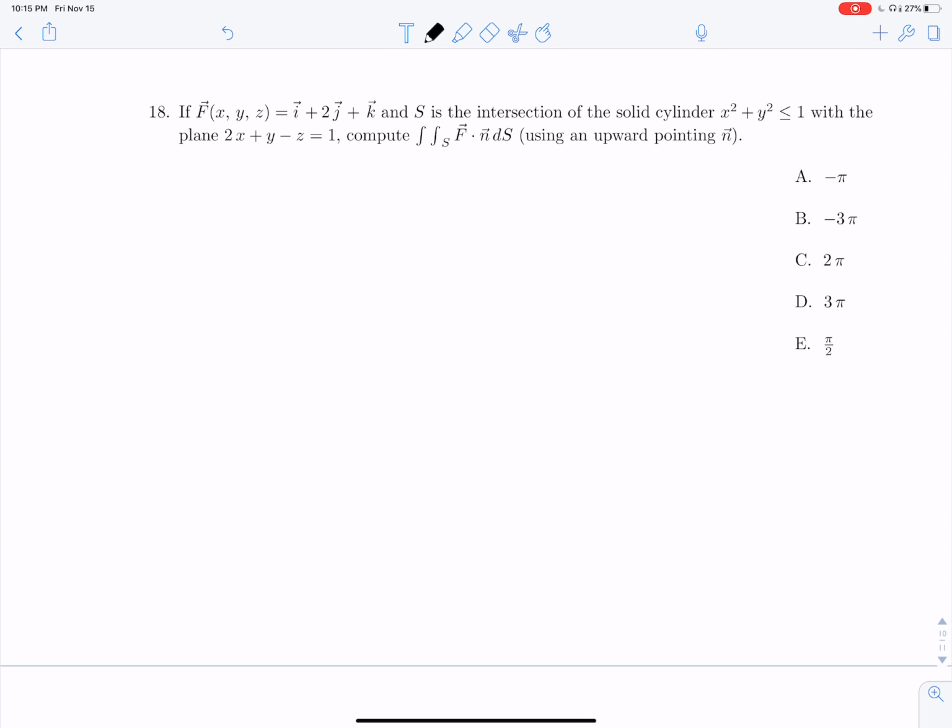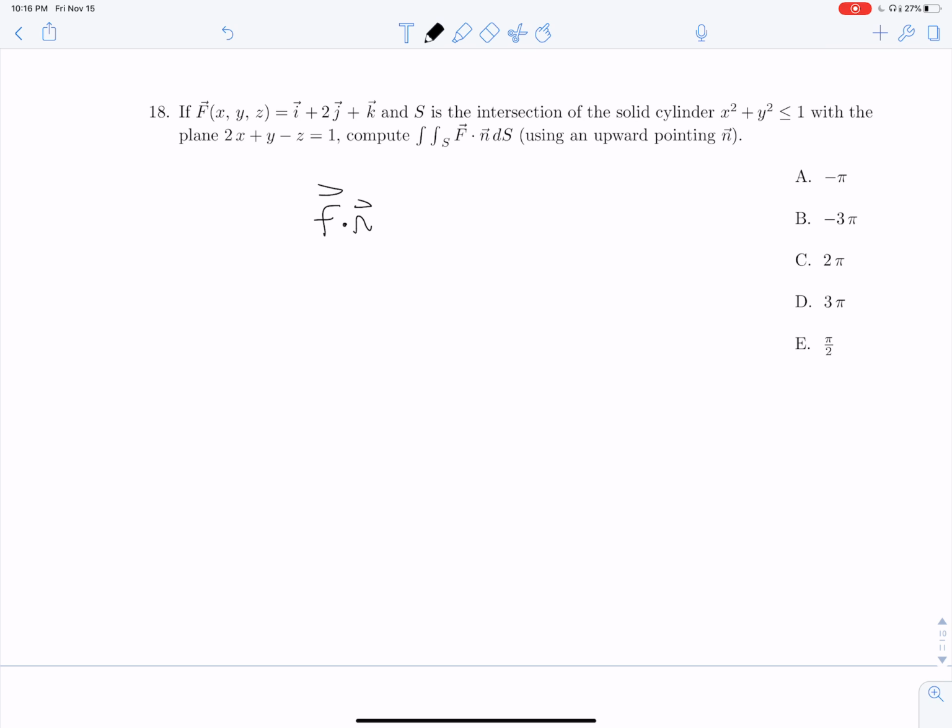Okay, so we are solving here for F dot n dS, which is going to be a flux integral. You can use the divergence theorem here, but only because we have a solid cylinder, but we don't even need to, because F dot n is something that we can totally solve for right here, because we're pretty much just given constants.